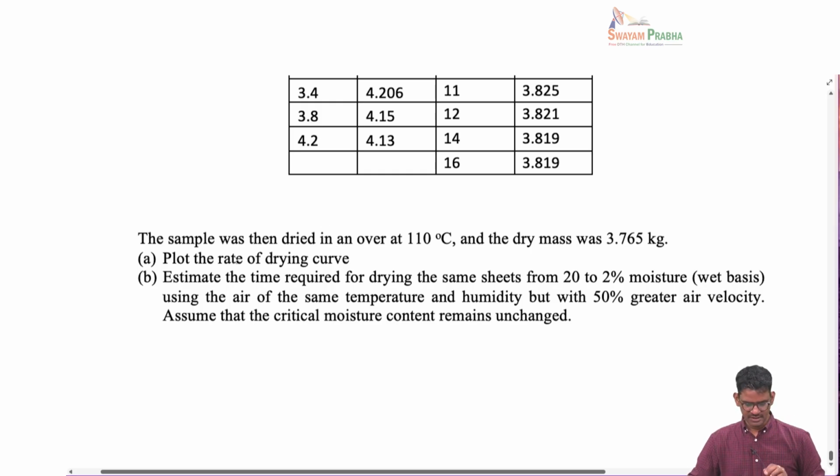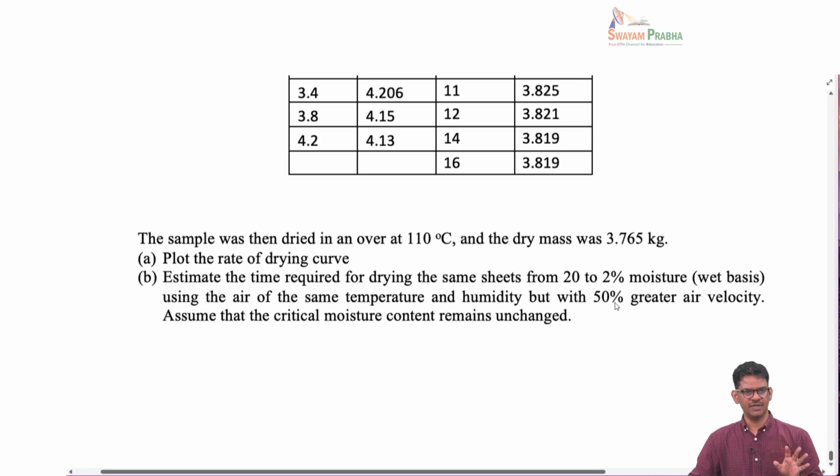The second is to estimate the time required for drying the same sheets from 20 to 2% moisture wet basis using air of the same temperature and humidity, but with 50% greater velocity. Assume that the critical moisture content remains unchanged between the two conditions. So here we are doing a test under certain conditions, but we want to calculate the drying time for another condition where everything was kept constant except one variable, which is the air flow velocity, increased by 50%.